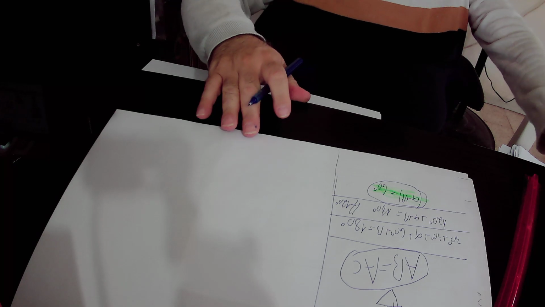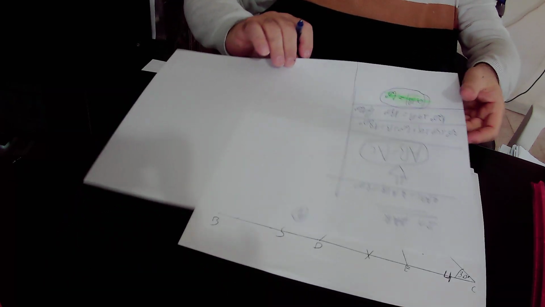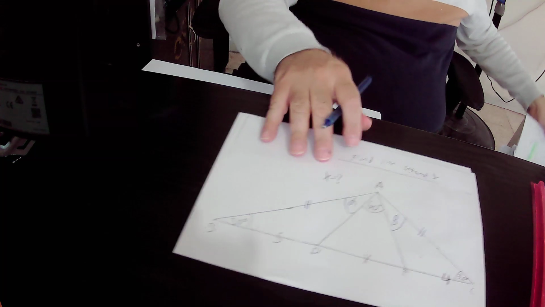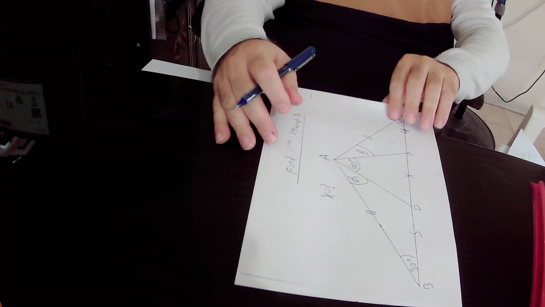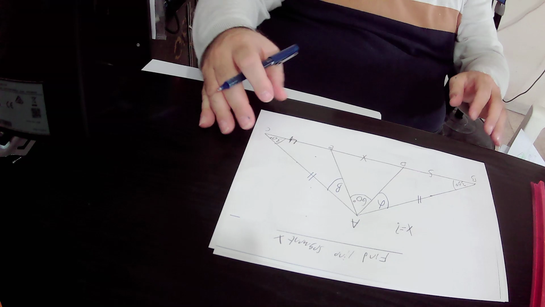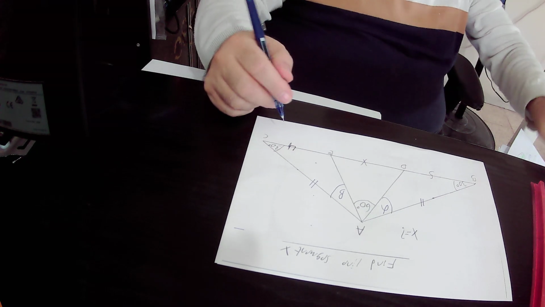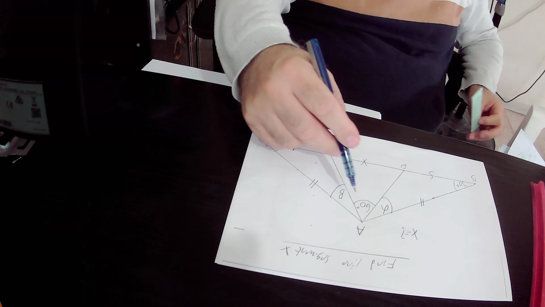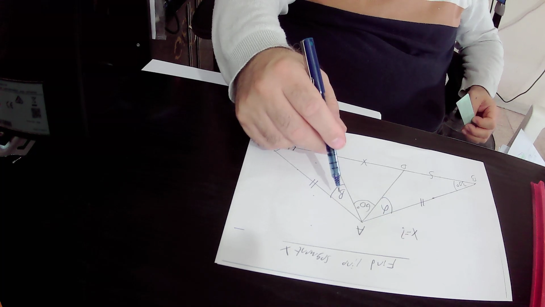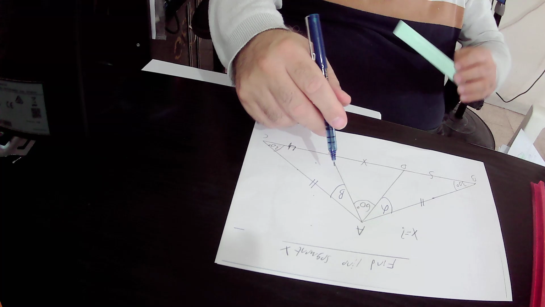In the next step, we'll do two constructions. The first construction is that from point A, we will draw a straight line in such a way that the angle between the straight line and side AC will be equal to alpha.